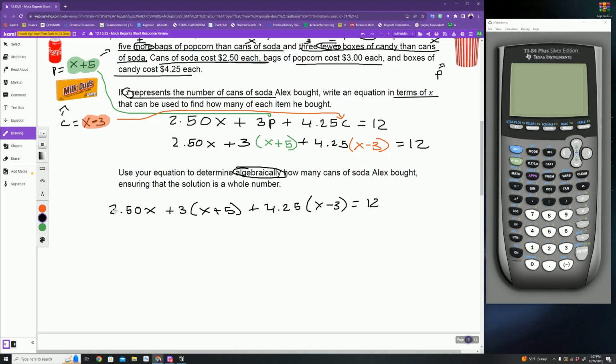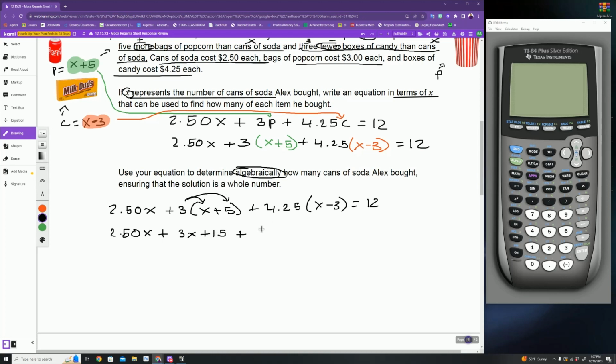Now we just simplify and solve. 2.50x stays the same, plus 3 times x plus 5. We're going to distribute: 3 times x is 3x, 3 times 5 is positive 15, so plus 15.